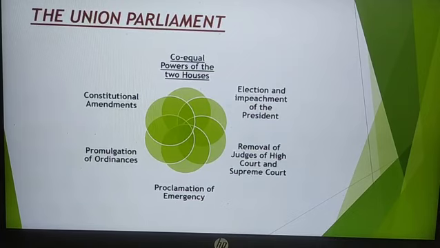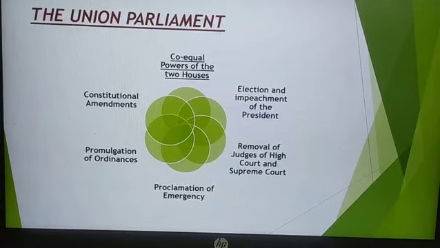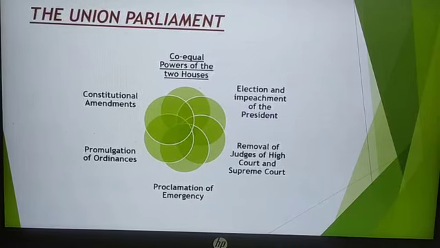The term co-equal means both houses have equal power. So what are those matters? Number one, election and impeachment of the president. We have already done that election of the president has an electoral college which comprises elected members of the Parliament.